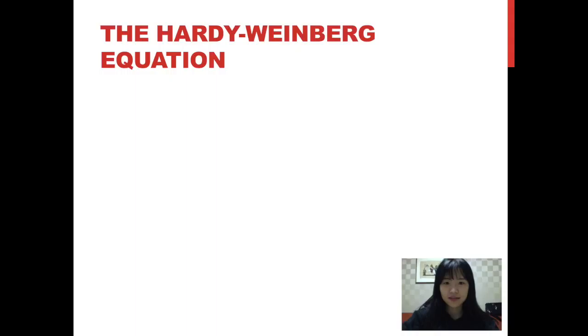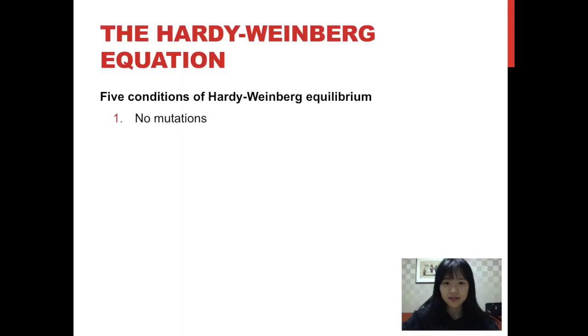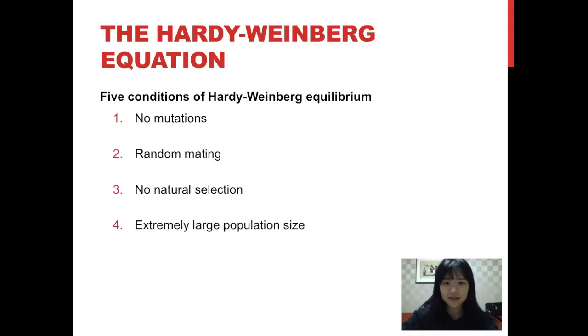And the Hardy-Weinberg equation can be used to test whether a population is evolving or not. If you take a look at the five conditions of Hardy-Weinberg equilibrium, the first one is there must be no mutations, and there's random mating, there's no natural selection, and there's an extremely large population size and no gene flow.